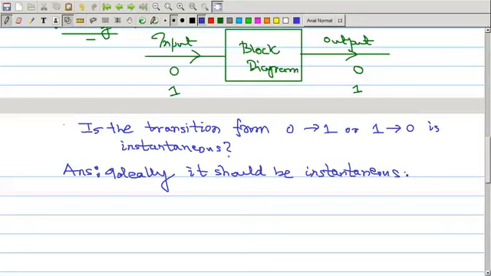But in reality, you will see that it takes some time. Maybe it is of the order of nanosecond, maybe it is of the order of picosecond, that is very, very small, 10 to the power minus 12 second, but yet there is a delay in the signal to transit from high to low or from low to high, and this delay is known as the transition time.